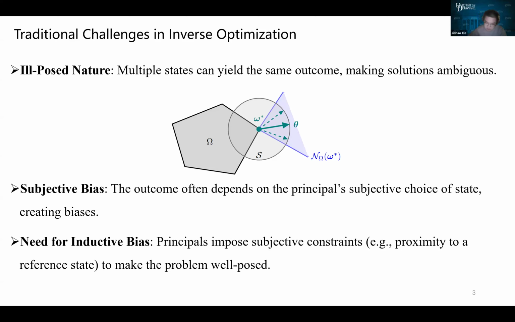This figure shows the relationship between a linear programming cost vector theta and the linear programming solution omega star. The LP cost vector theta must lie in the normal cone N at omega star.